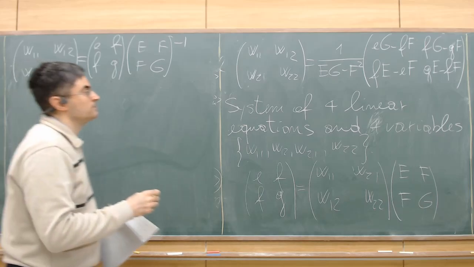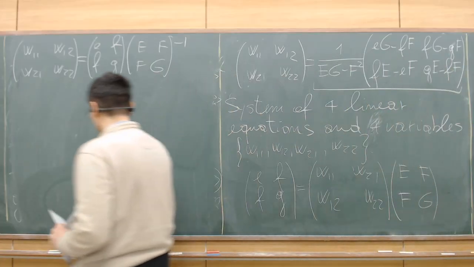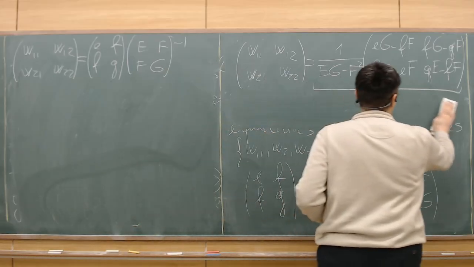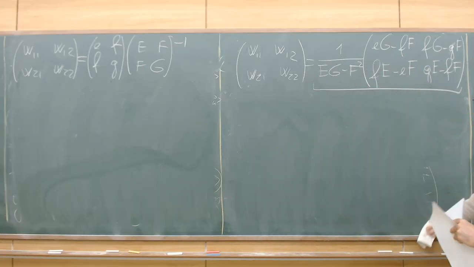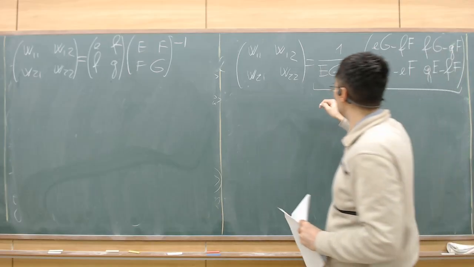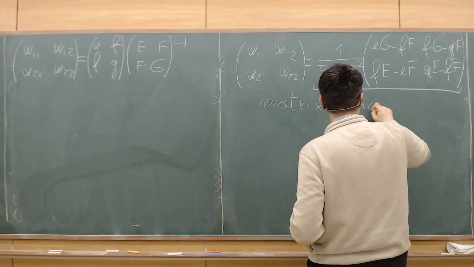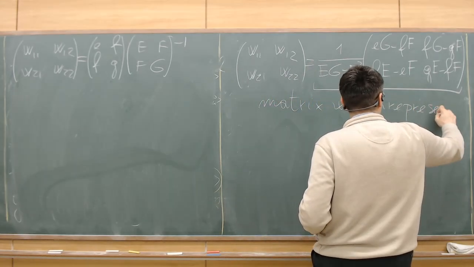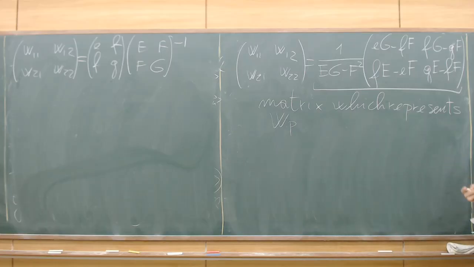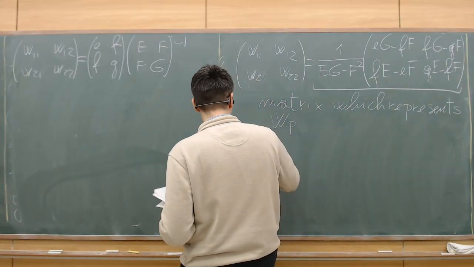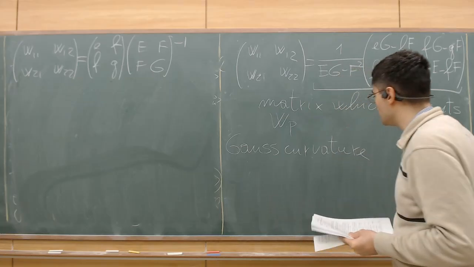Since this is a matrix which represents WP, then I can use it to compute the Gauss curvature and the mean curvature.